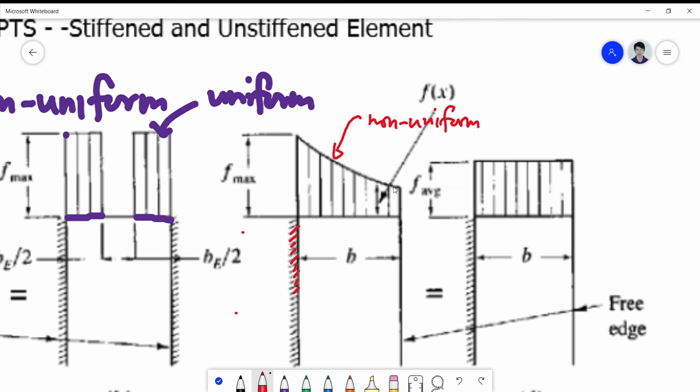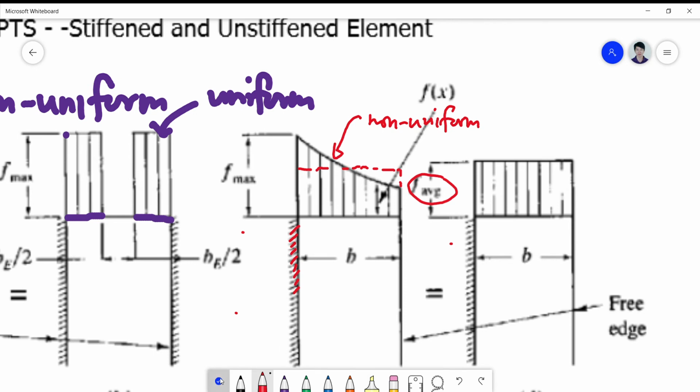So this non-uniform stress can be approximated by taking an average stress, F average, and multiplying it by the total width of the member or the plate and the thickness.